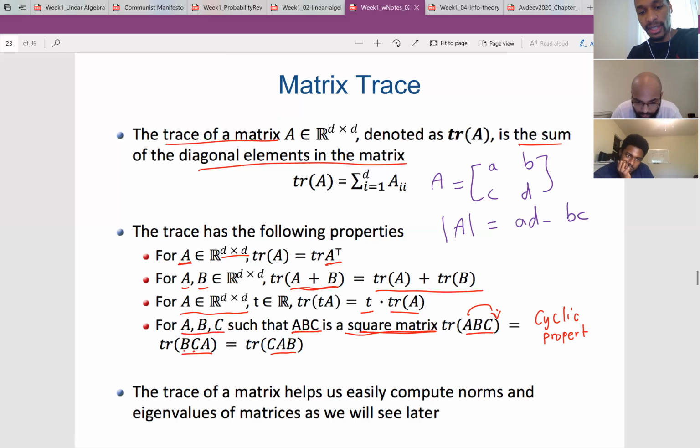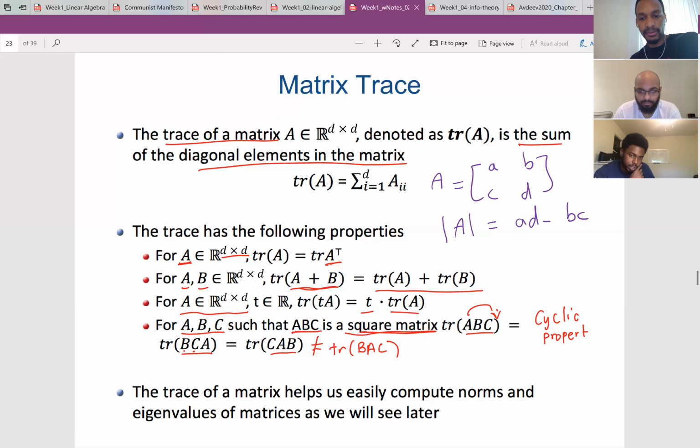And same thing here, we have AB, but we've effectively moved C to this side, and so it's CAB. So it's not equal to the trace of, let's say, BAC, for instance. So just something to keep in mind for that.